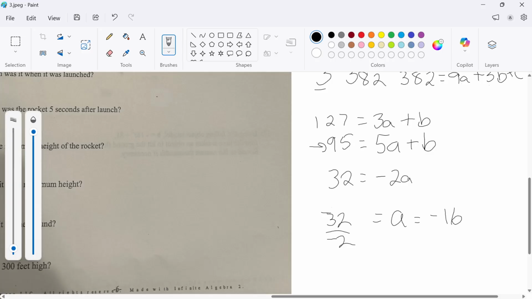So this is negative 16t squared, and this is equal to h of t. And then I've got to find b. Well, 127 equals 3 times negative 16 plus b.